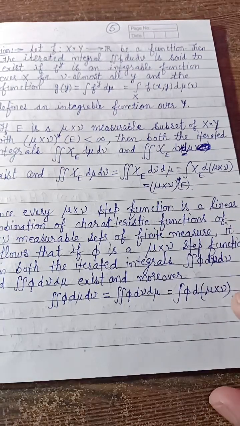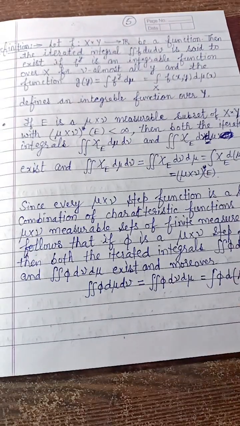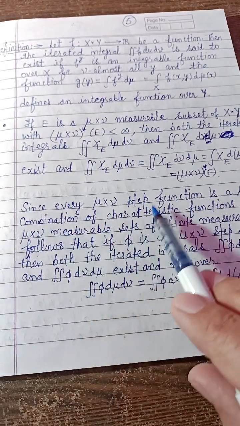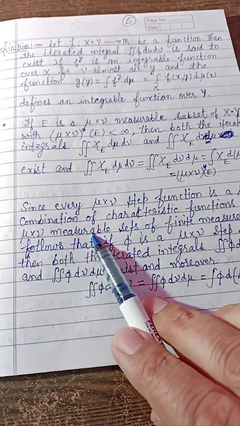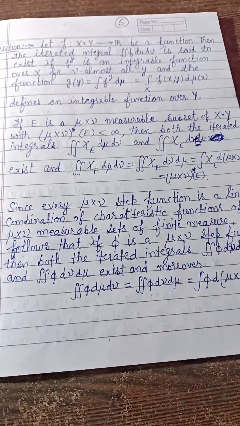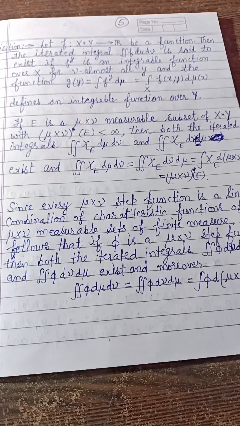And again we have taken some theory from measure theory: every μ cross ν step function is a linear combination of characteristic functions of μ cross ν measurable sets of finite measure. When we define the characteristic function, then step functions, simple functions, we are talking about step functions, which are linear combinations of characteristic functions.